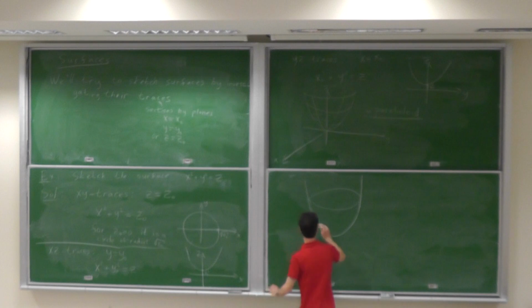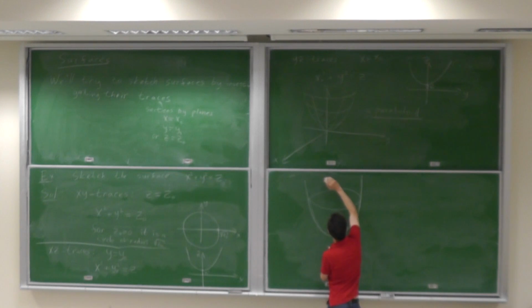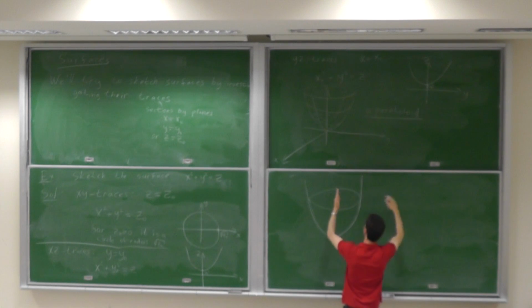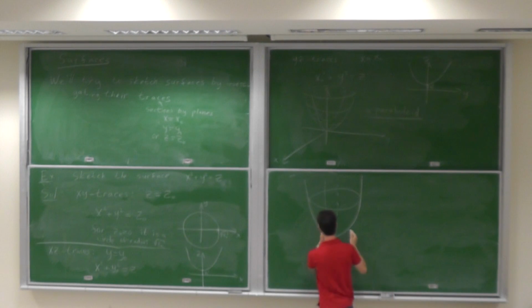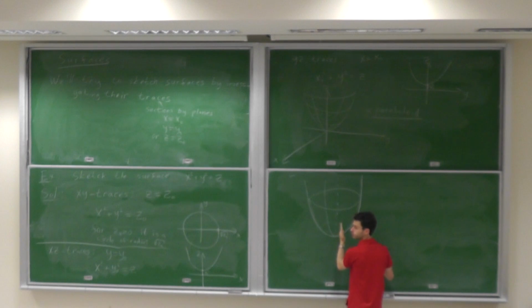If we're talking about y equal to something, then you should imagine such planes. So there is this parabola, y equal to 0. Then you can cut it by different planes which are parallel to this. Let's say I cut it by y equal to 1.